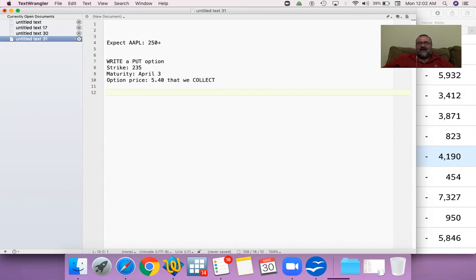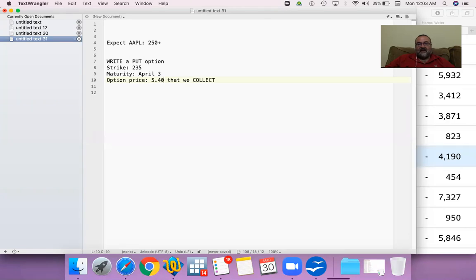We are writing a naked put. We're collecting $540, which we look at as an income. However, if the price ends up at a lower value, then we can lose a lot.